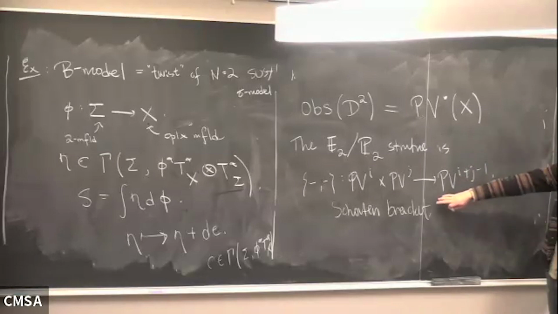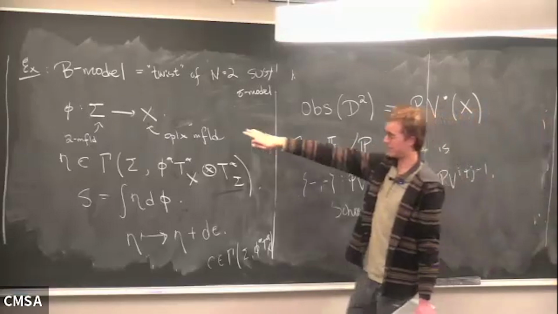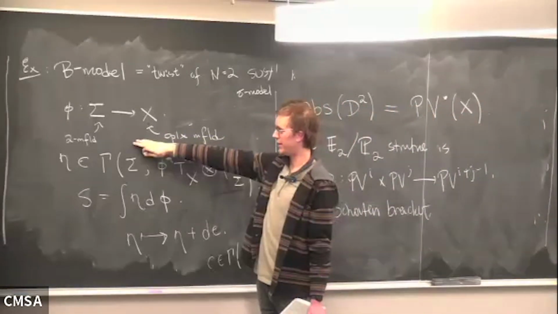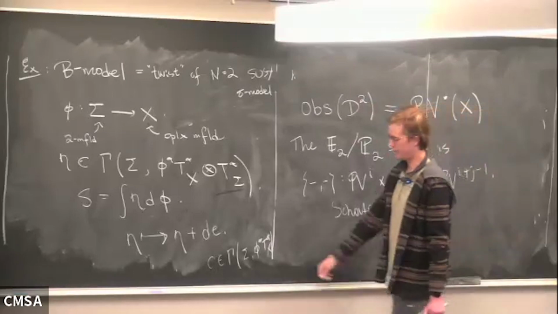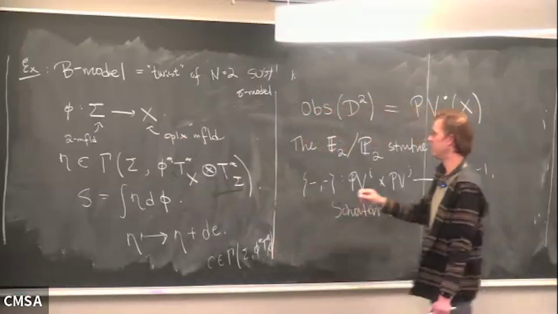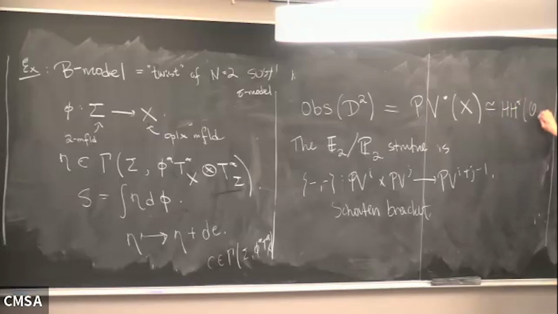There's a more abstract way to think about this. One way to realize this model here is as coming from a more basic one-dimensional theory described just by functions on X. And when you do that, you identify the observables with the Hochschild cohomology of O of X, which I'll probably say a little bit about why this sort of object pops up when I say those words.